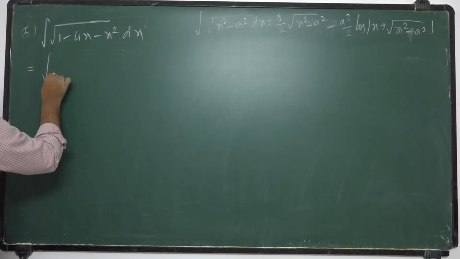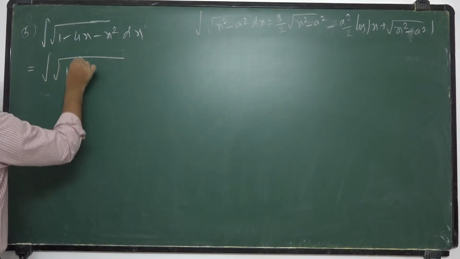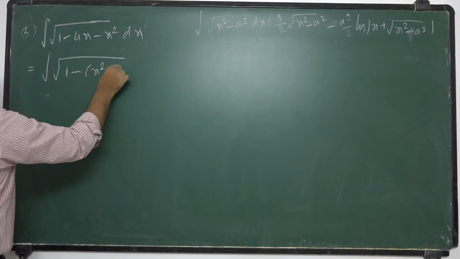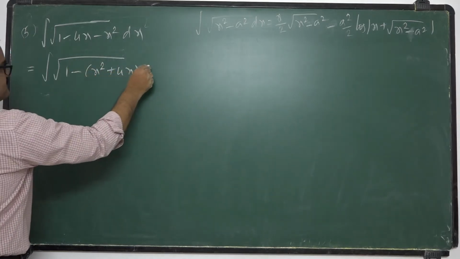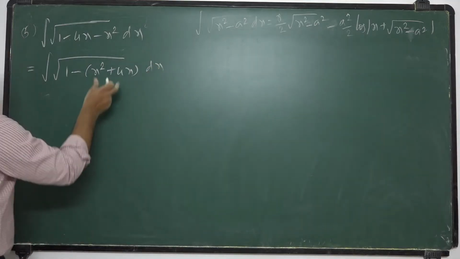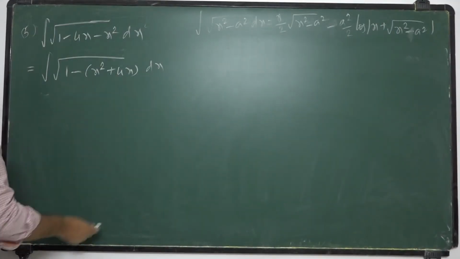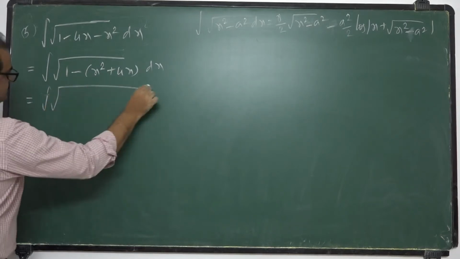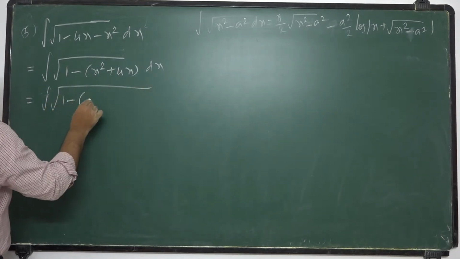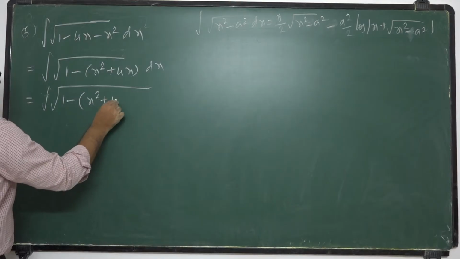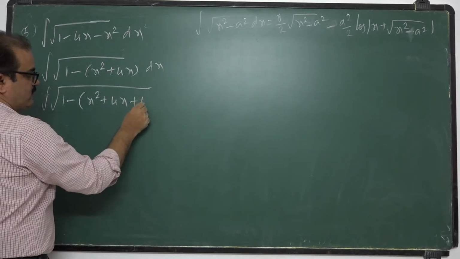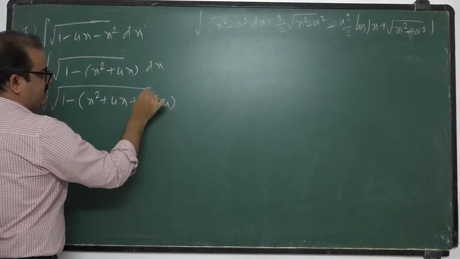Integral of 1 minus, take minus common from these two, it becomes x square plus 4x into dx. You make it a perfect square. Write it as x square plus 4x. To make it a perfect square, add 4 and subtract 4.